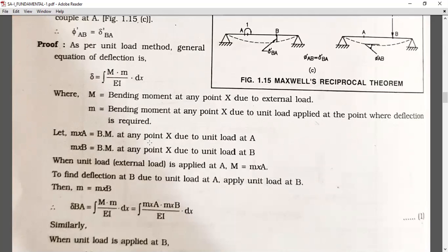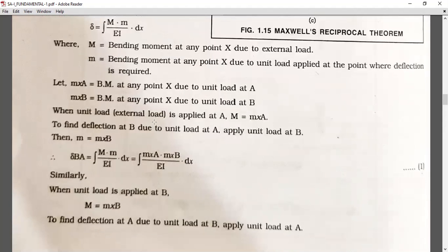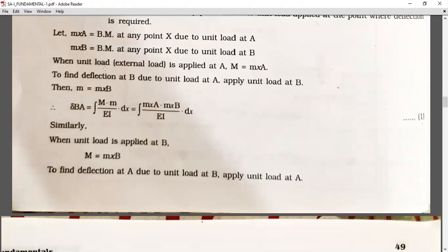Mxa is equal to bending moment at any point x due to unit load A. Mxb is equal to bending moment at any point x due to unit load B. When unit load external load is applied at A, M is equal to Mxa.